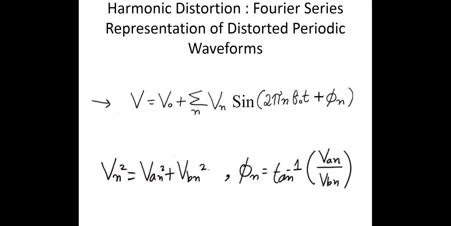So this equation remains unchanged. The phi n is now changed. It is tangent inverse VAn divided by VBn. And furthermore, you can also notice the change of sign before phi n. For cosine wave representation, we had cos 2 pi n f naught t minus phi n. Here we have sin 2 pi n f naught t plus phi n.